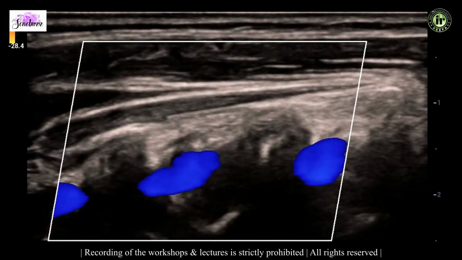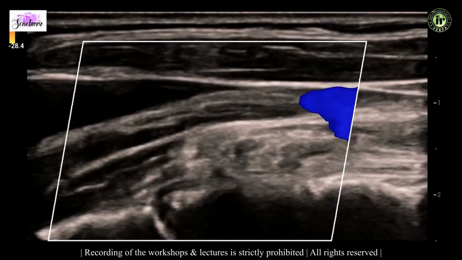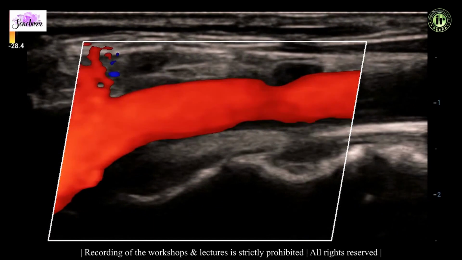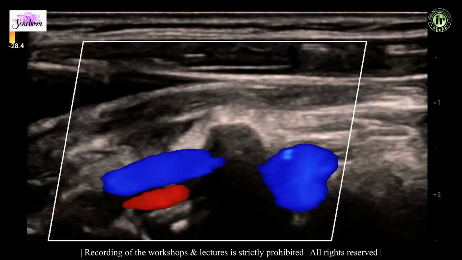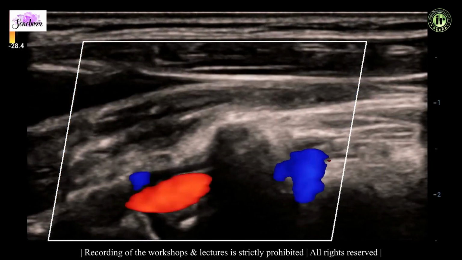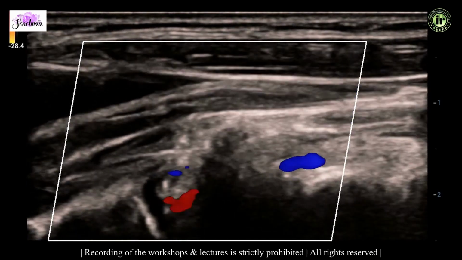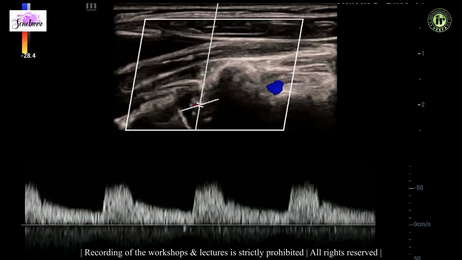That means it is confirming that both these vessels are going towards the brain. You can pick up a complete subclavian steal by looking at the color changes here. Once you have done and confirmed that the vertebral is seen, it is of normal caliber and it is the same flow as that of the common carotid, I proceed to put a spectrum there.